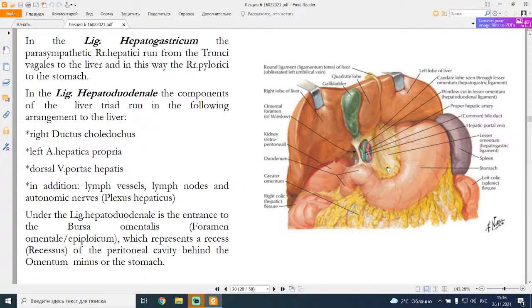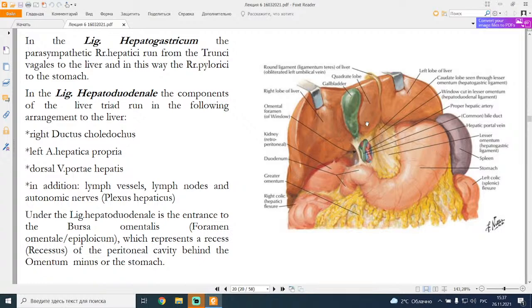Under the ligamentum hepatoduodenale is the entrance to the bursa omentalis, the foramen omentale or epiploicum, which represents a recess of the peritoneal cavity behind the omentum minus and the stomach.